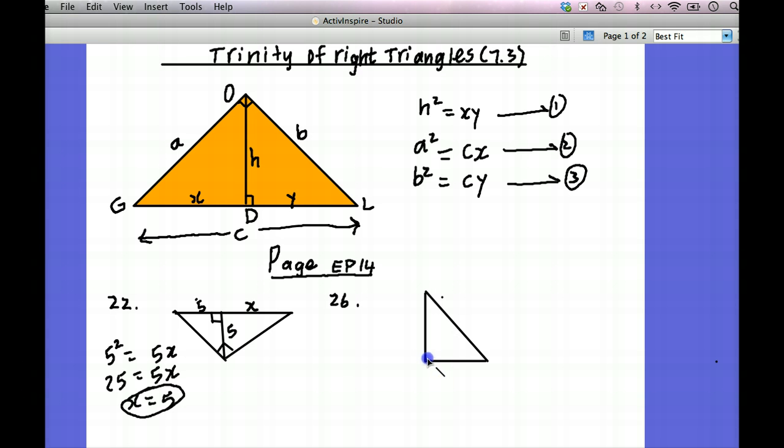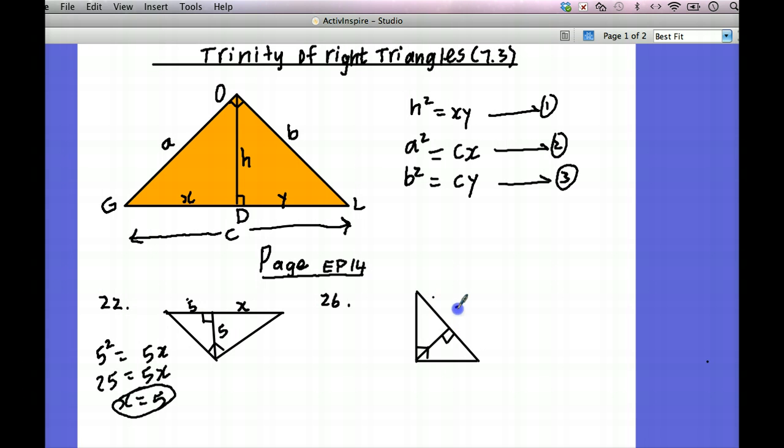Then I'll come with the altitude. Actually, I'm kind of glad I'm drawing it for you so I can get you familiar with the different segments here. And this will be a right angle right here, and I have another right angle of the overall triangle right here. And here's what we're given on 26.